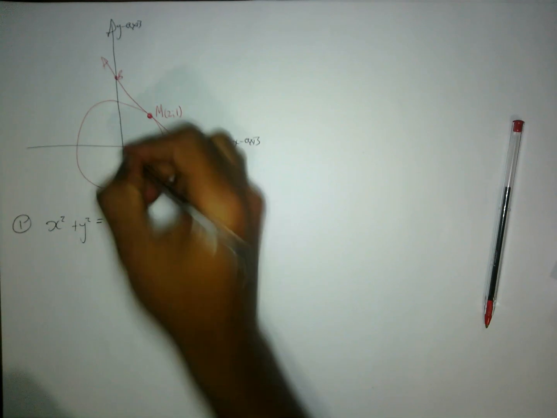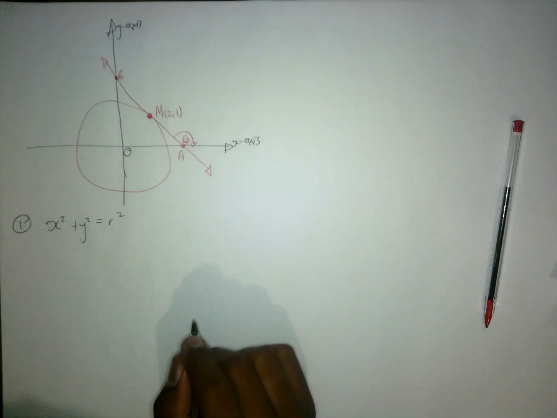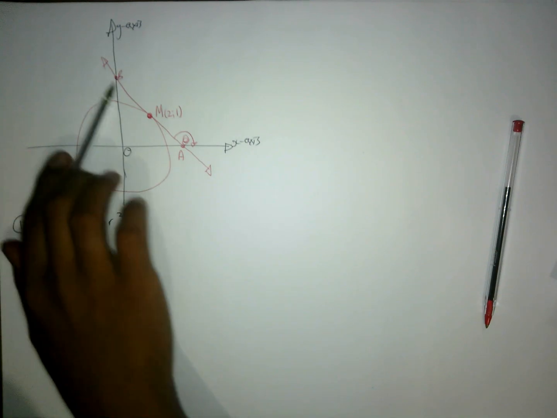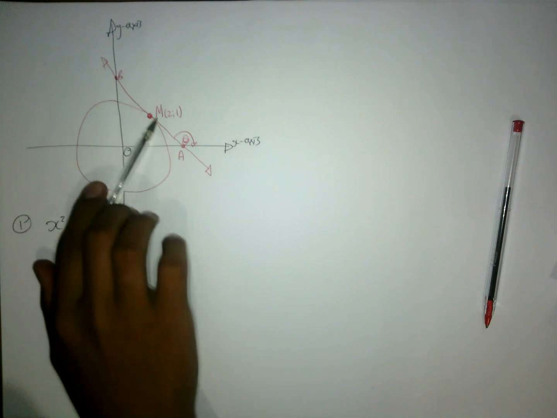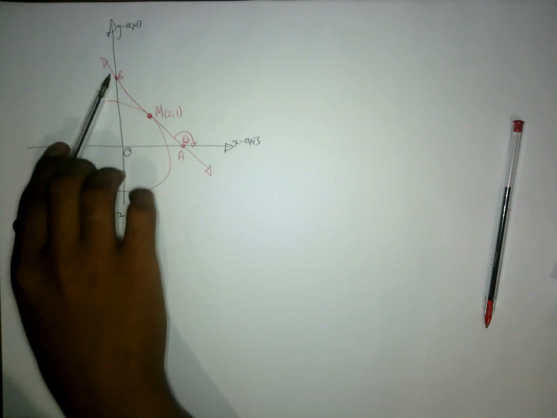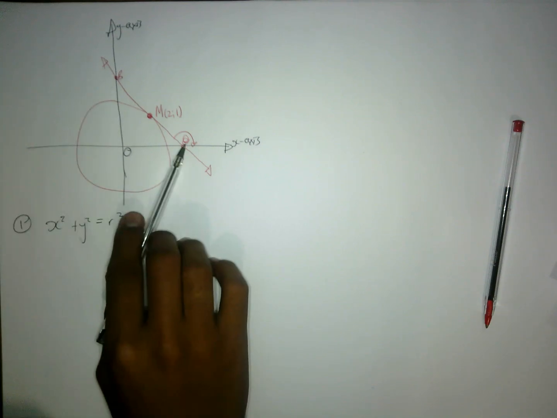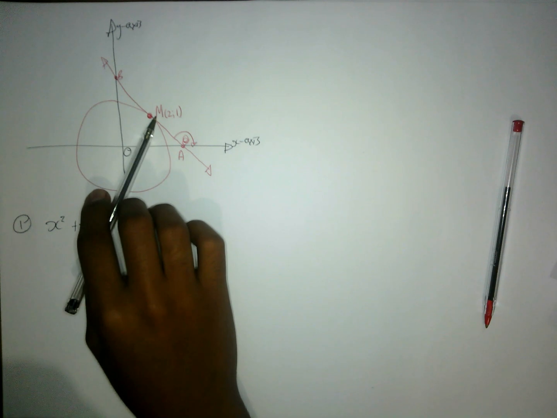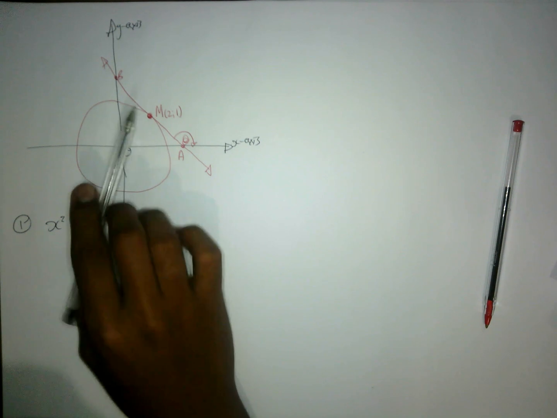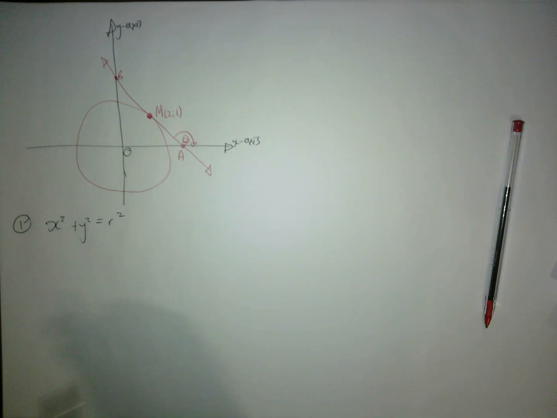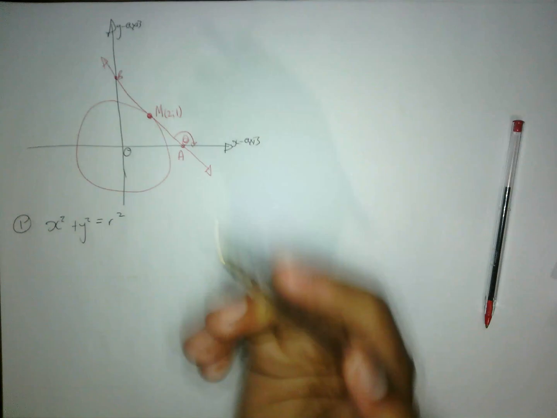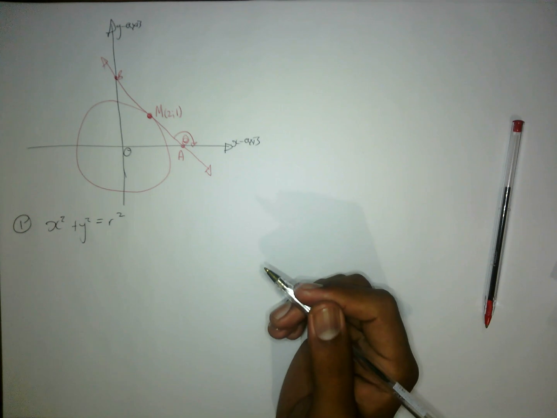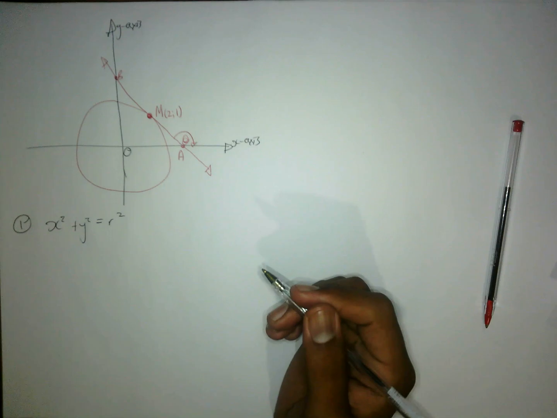There's a tangent, a line going through the y-axis and the x-axis, and it's touching the circle. Very important, and the only information we have is this. They want the equation of the circle.